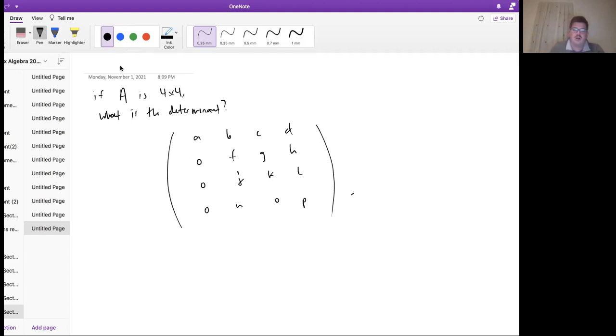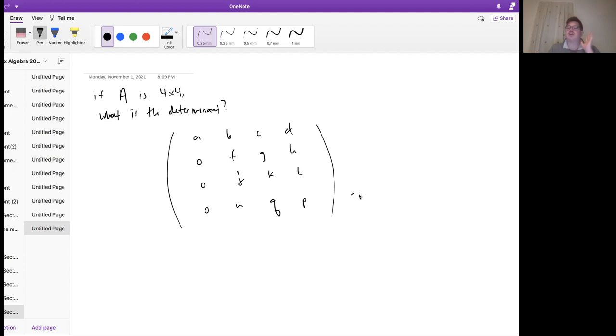I probably shouldn't use O for the letter. Let's say Q. So now look at this. What makes this 4x4 non-singular? How would you know this 4x4 is non-singular?